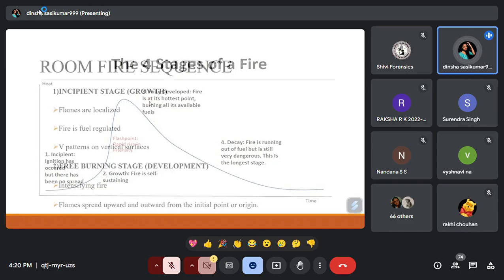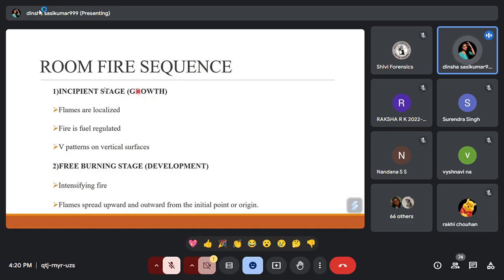But if we look up close into what a room fire sequence is, then we have to discuss all these in detail. So if you are investigating a room fire, or if a fire is confined to a room or a defined space, we have to identify the stages of fire. So the first one is the incipient stage, or the growth stage.